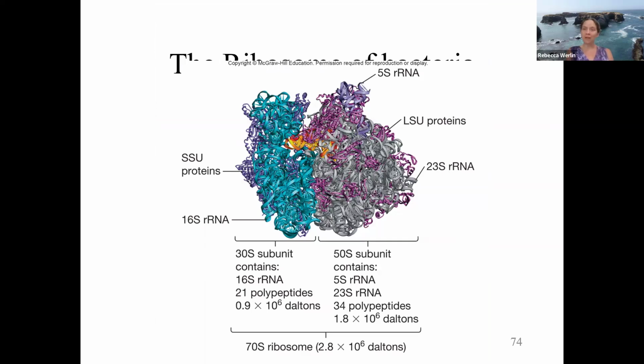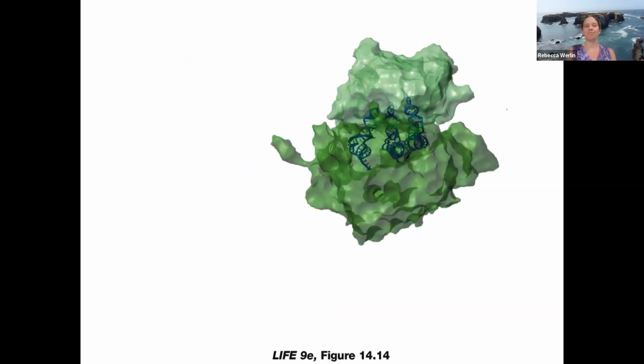Now, prokaryotic ribosomes are smaller and are called 70S ribosomes, and eukaryotic ribosomes are larger and are called 80S ribosomes. And the S simply refers to when they were discovered. It was a unit of kind of density smears as they were coming out. So here we have a typical ribosome.